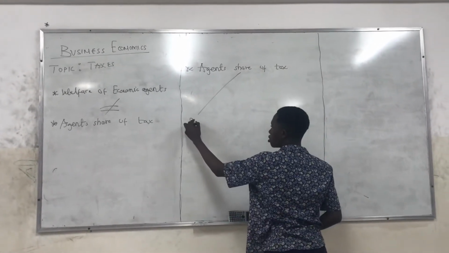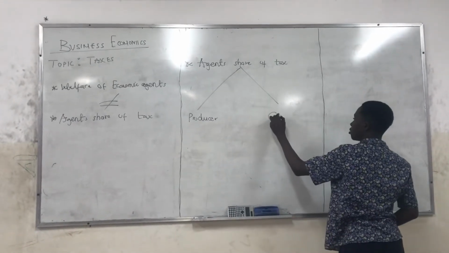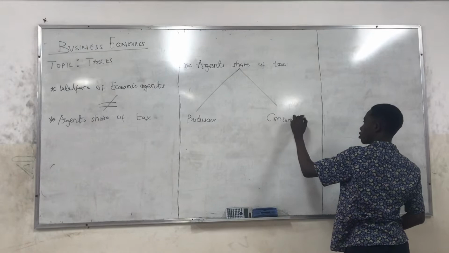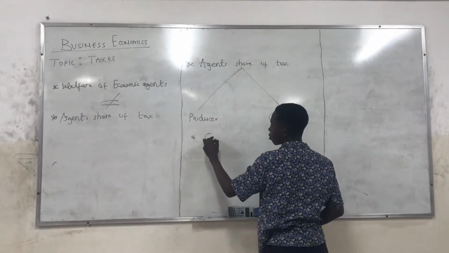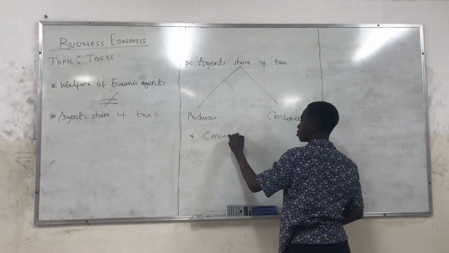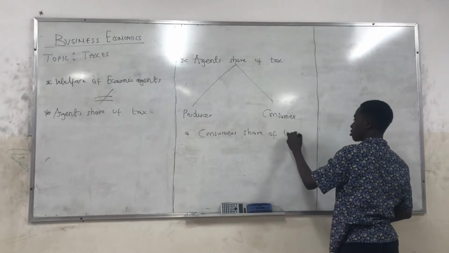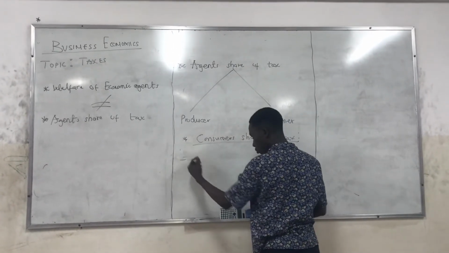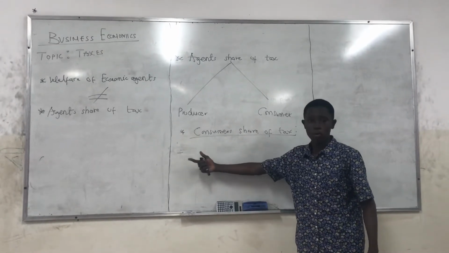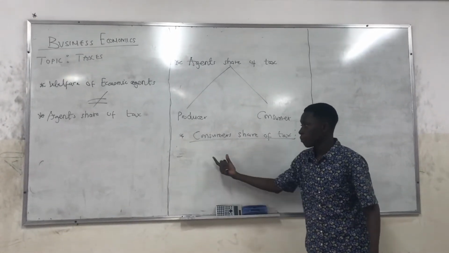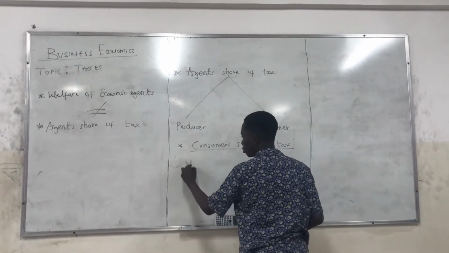You have the producer and you have the consumer. With the consumers' share of tax, it's your new equilibrium price as a result of the tax or subsidy, minus the old equilibrium price.